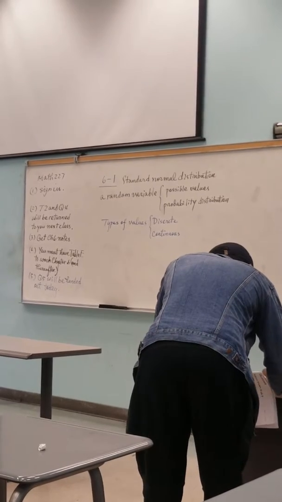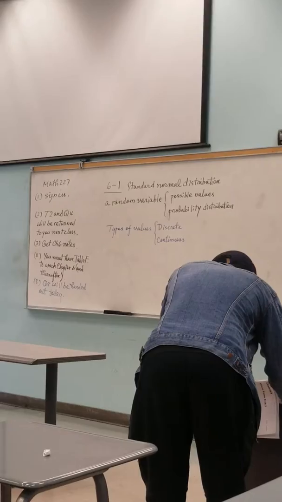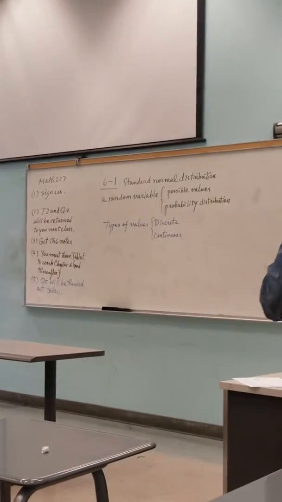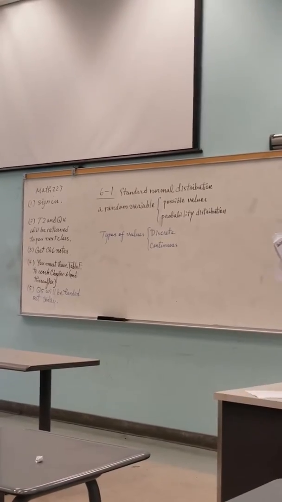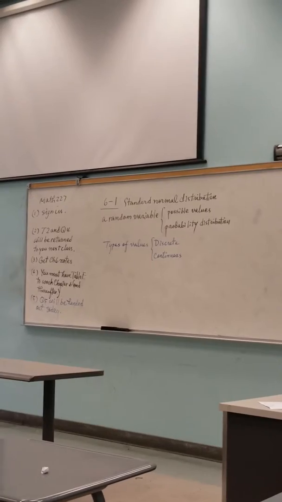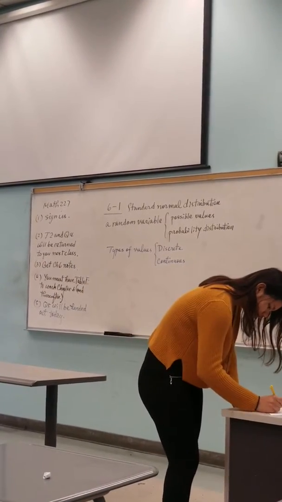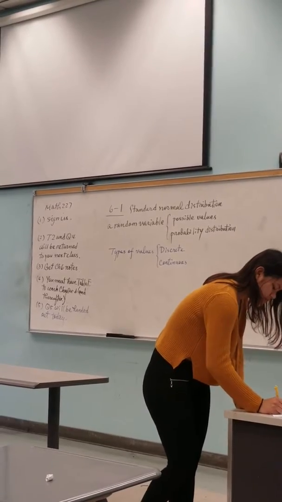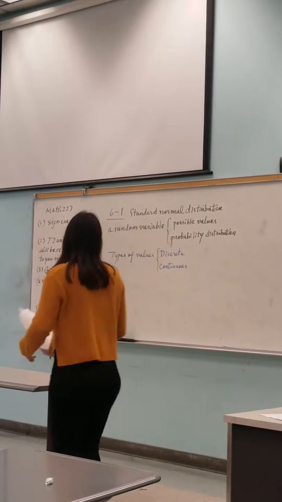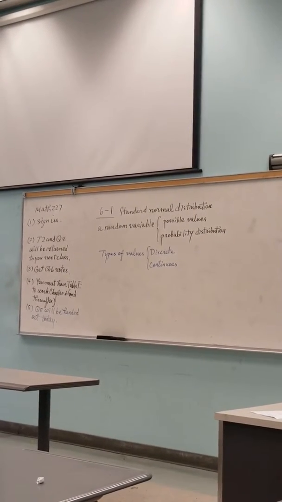Discrete, right? Okay, go to G. G is distance. The measurement is how many miles or how many feet. Continuous, right? Now, in chapter 5, we handle discrete random variables. In chapter 6, we handle continuous.